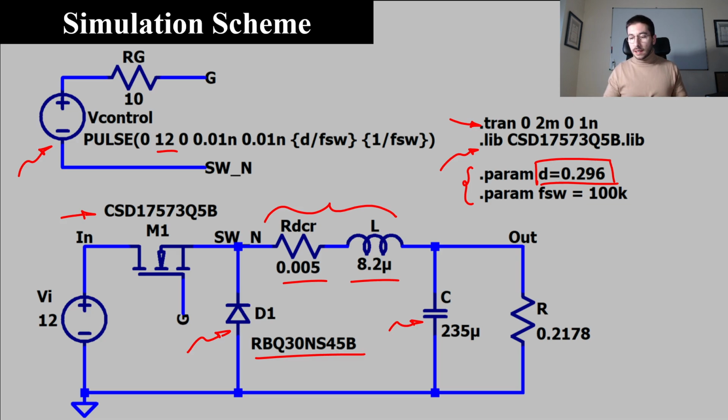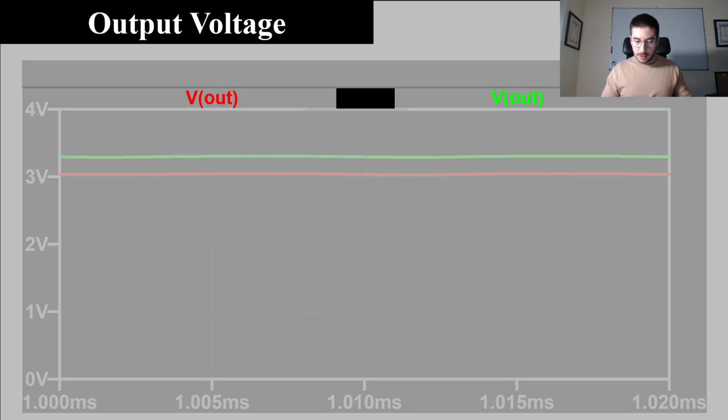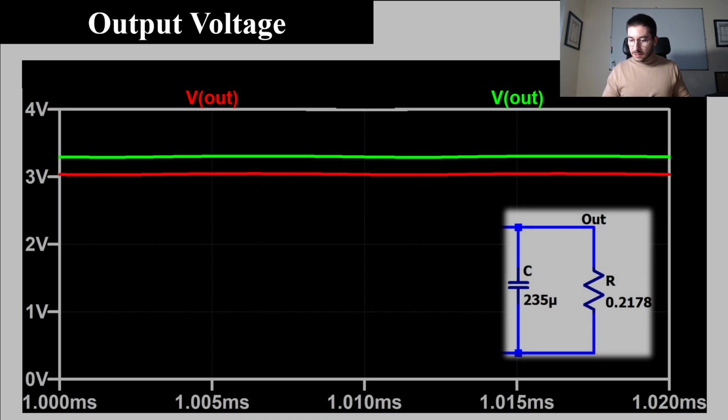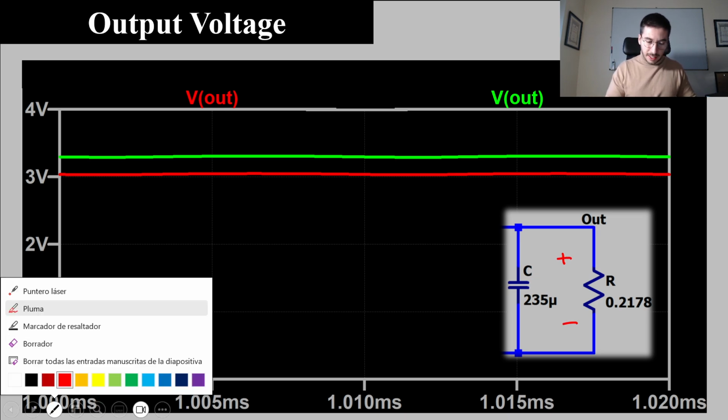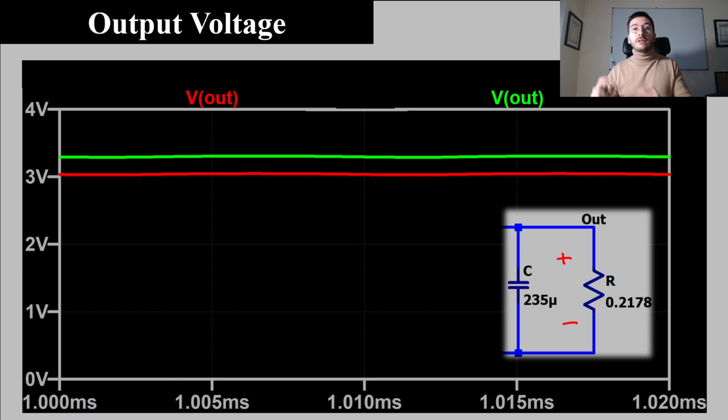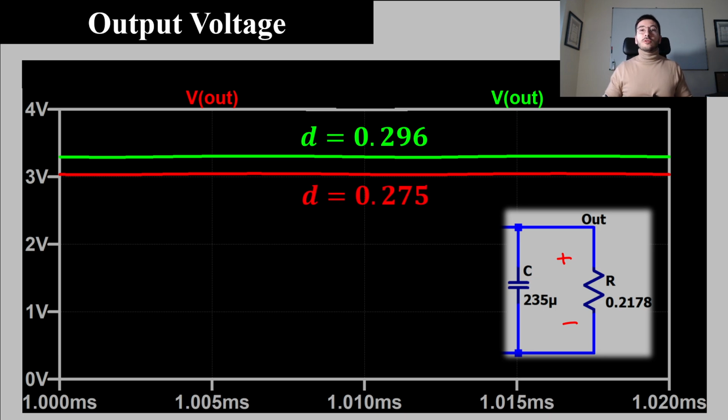And why did I modify this? The answer is related to the output voltage. Here we can see the output voltage evaluated for two different values of duty cycle. In red, you have the output voltage when the duty cycle is the theoretical one. And in green, you can see the output voltage when the duty cycle is the new value I have selected.